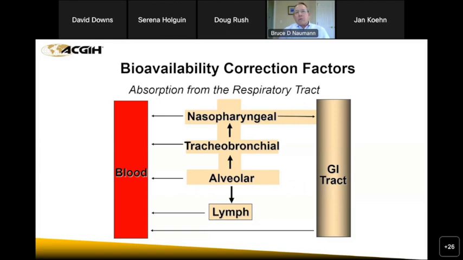So to the extent that we're aware of these differences in bioavailability between the route from which this critical study was derived, and the inhalation route or dermal, I guess if we're talking about surface limits now, then we obviously need to take that into consideration.